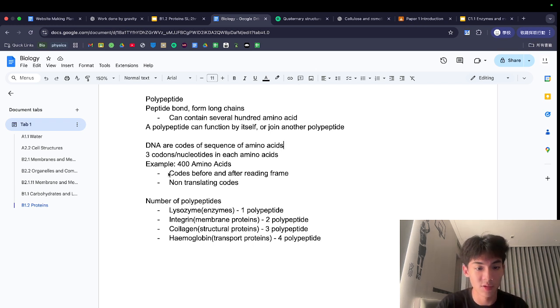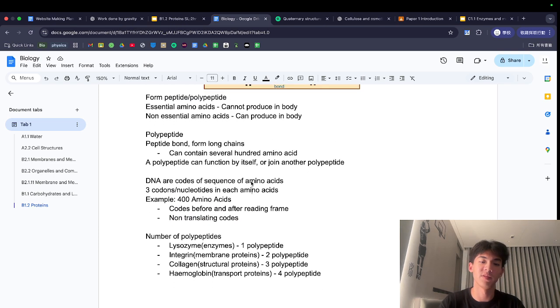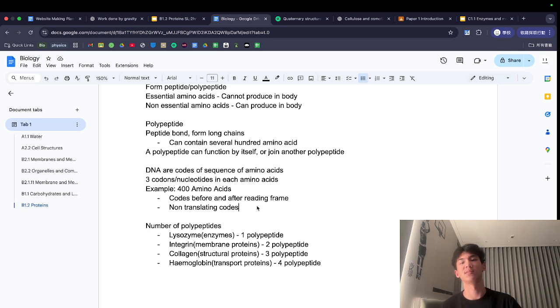You also have codes before and after the reading frame, and also non-translating codes. Because we have 20 types of amino acids that can form a lot of combinations, this is why DNA sequences can be very different, and it also makes every organism different.